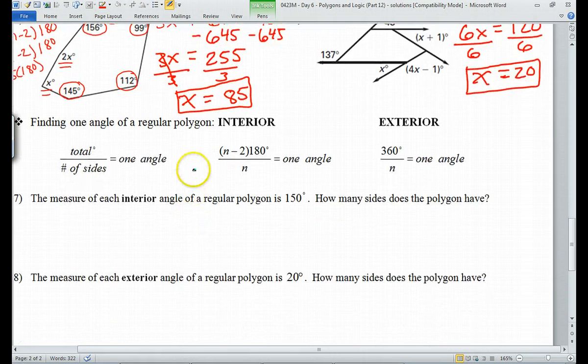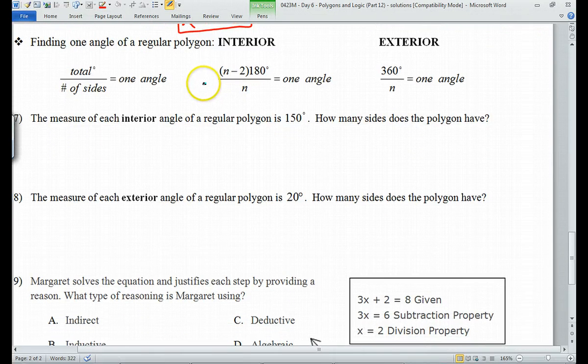Now, take a look at problem number 7. Be careful, you guys had trouble with this back in the day. Now, we mentioned this idea on the previous lesson, the part 11 lesson, but I've written it again here.